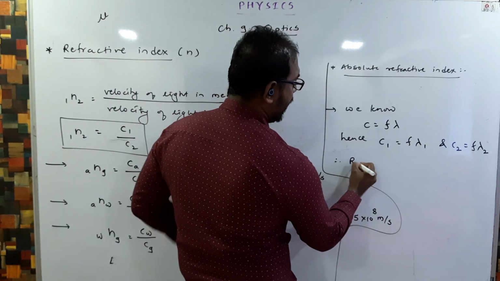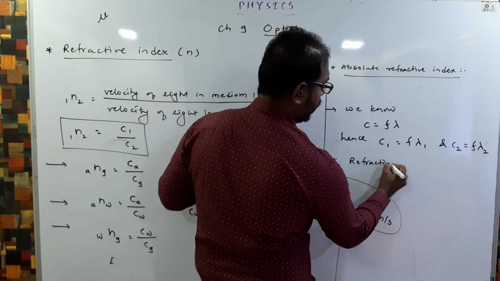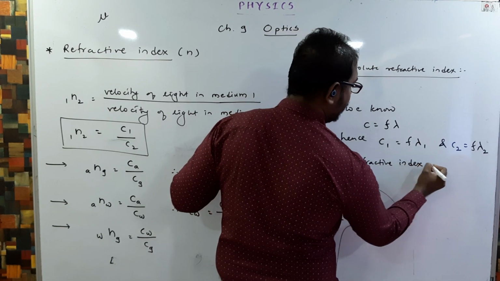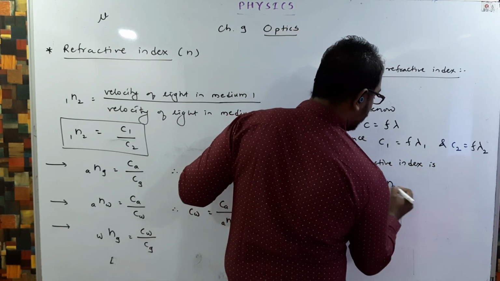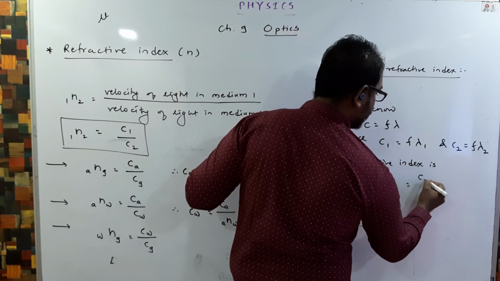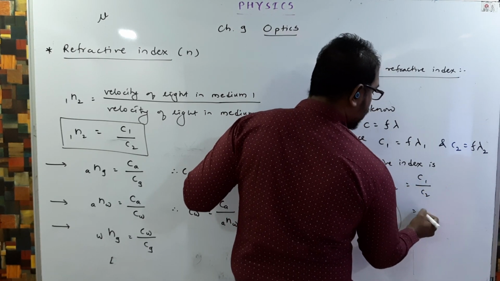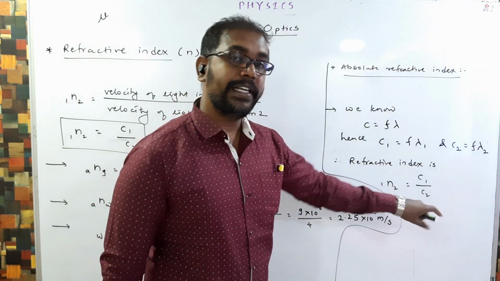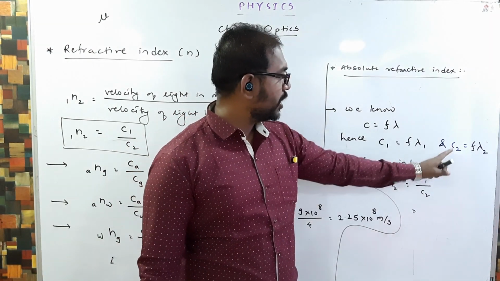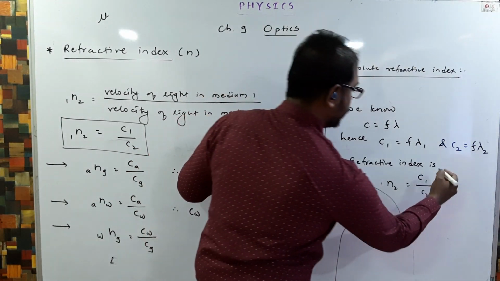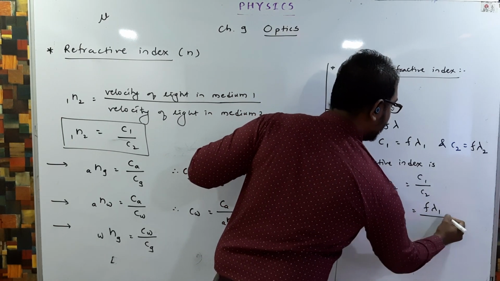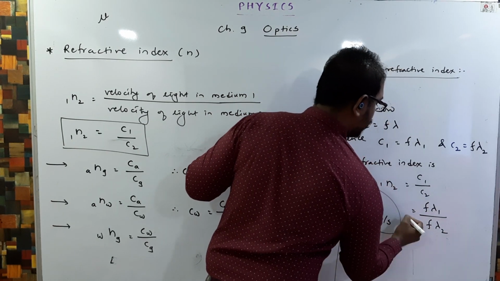Hence, the refractive index formula we can write: refractive index of medium 2 with respect to medium 1 is C1 by C2. Now let us substitute the value of C1 here as well as C2. Then what do we get? F lambda 1 divided by F lambda 2.